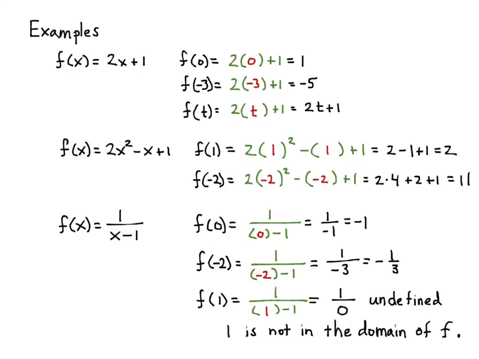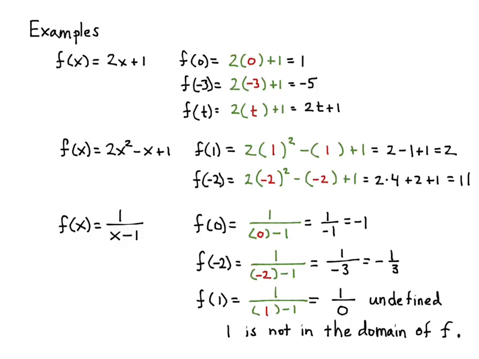It's not in the domain of f, I guess, if I really want to make my distinction between f and f at x. So remember the definition of our function is that it takes a value from the domain and assigns a value in the range. Well, there's no assignment that's possible here, so 1 is not in the domain.